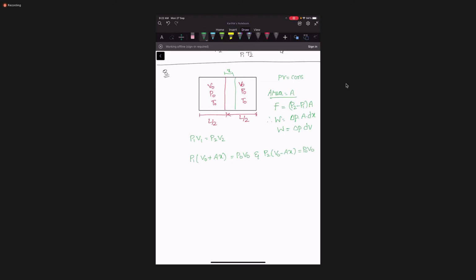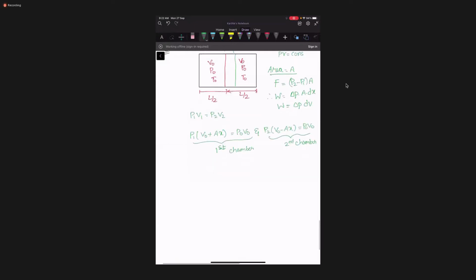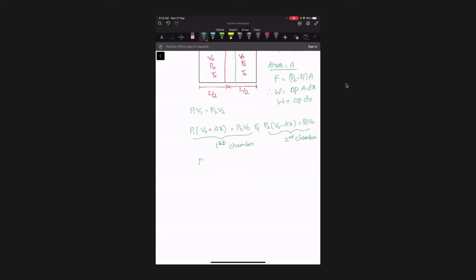This is for the first chamber, and this is for your second chamber. I'm applying Boyle's law for both. From this, calculate what is your P2 minus P1.